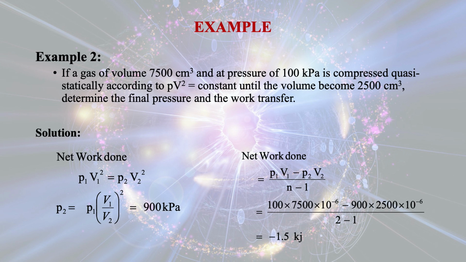So if you substitute all these values, you can get the final work done, that is minus 1.5 kilojoule. Here you are getting minus because it is work done onto the system. That's why it is coming negative as per the sign convention. Because we know very well that work done by the system is positive and work done onto the system is negative.